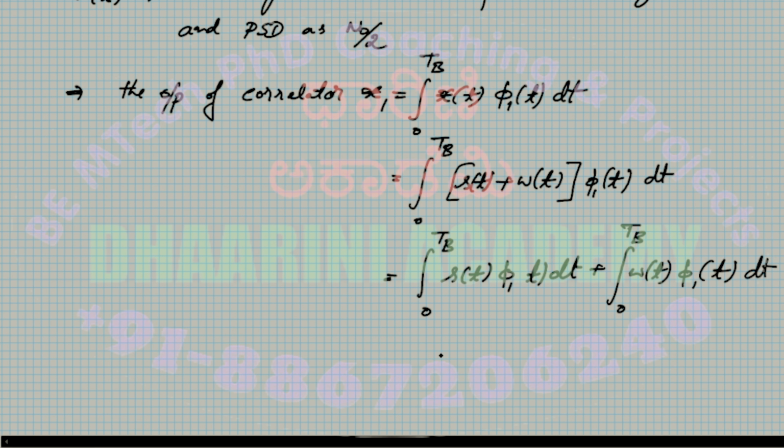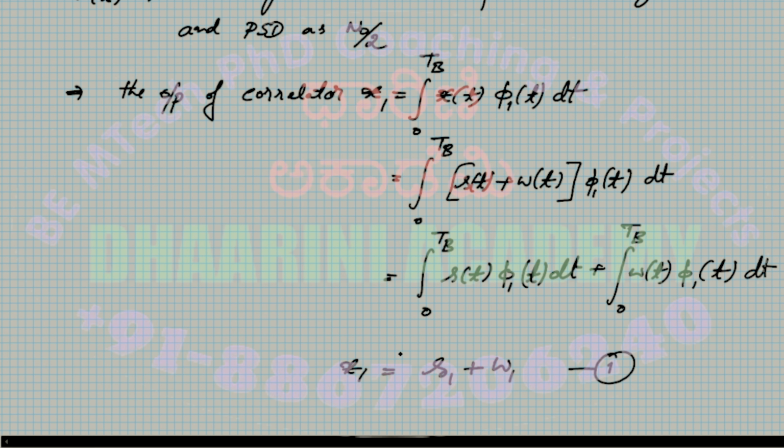After this integration the variable t will vanish, because you are substituting the limits 0 to tb for t. Let's call the result of the first integration s1, and the second integration w1. So x1 equals this. Call this equation number 1.